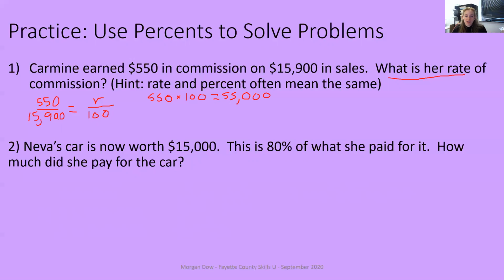That means 15,900 times whatever r is has to be 55,000. So to find what r is, I'm going to take that cross product, 55,000, and divide it by 15,900. So divide it by the number we haven't used yet.